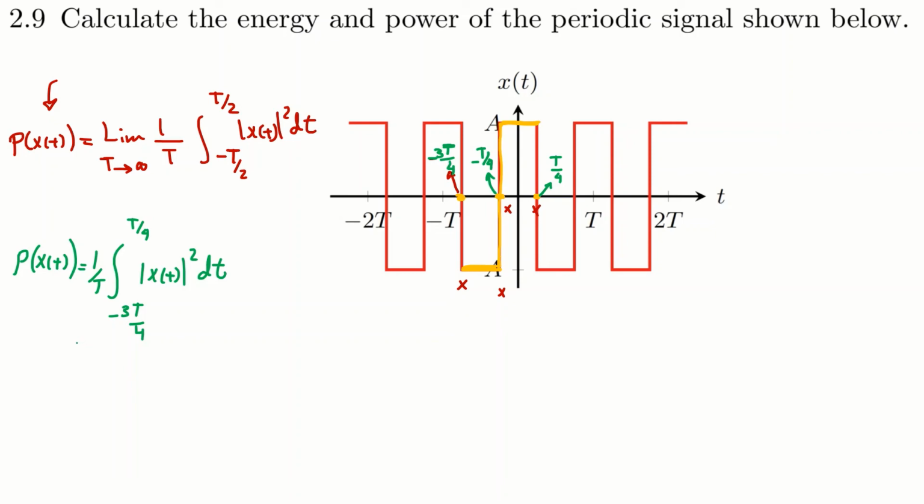We know that the signal x(t) is minus A in this period, and it is positive A in this period.